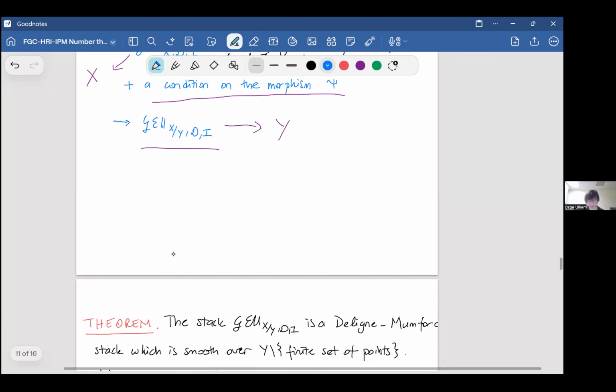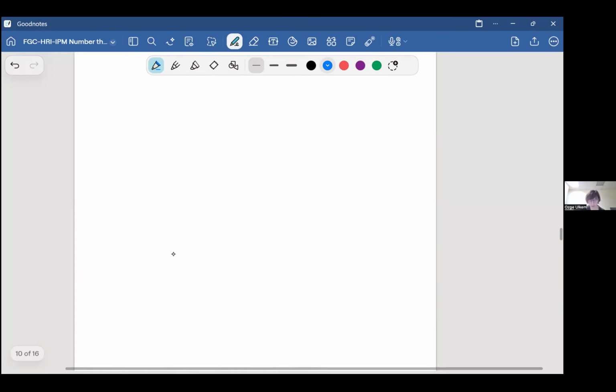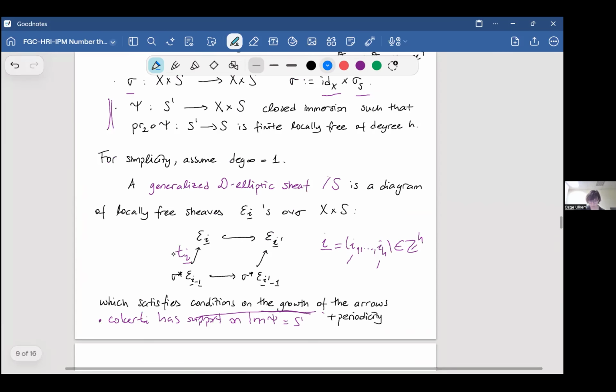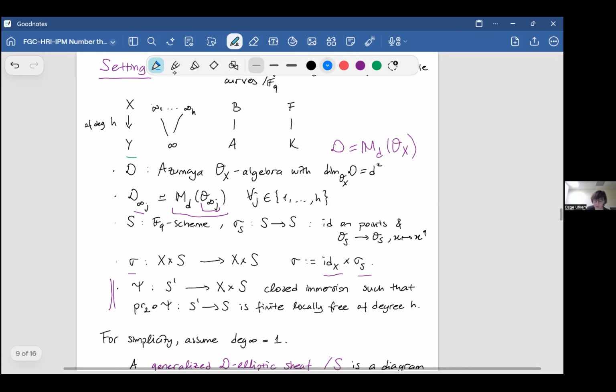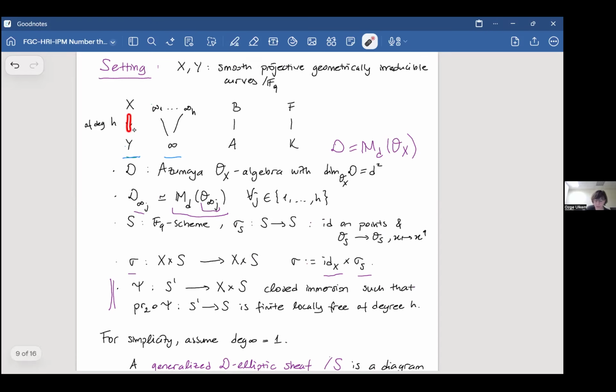Different infinities. Let me go back to the setting. Yes, here. We start with one curve and one infinity, right? Then we look at a finite covering of this curve of degree h, so that this infinity splits completely.